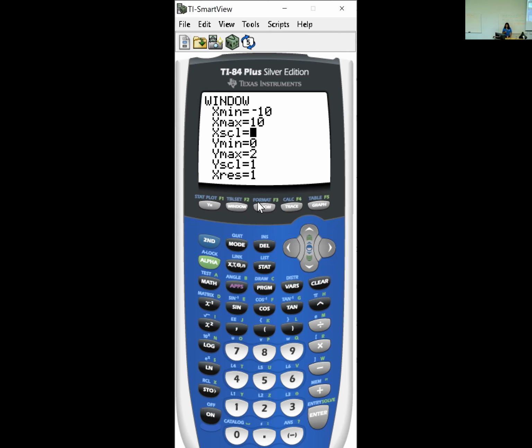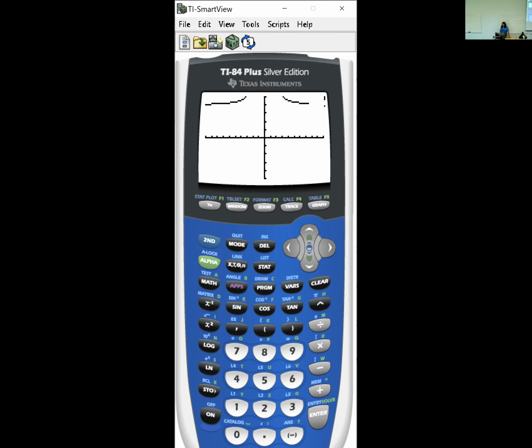X values -10. 4x squared plus 5 divided by x squared minus 4, and graph.